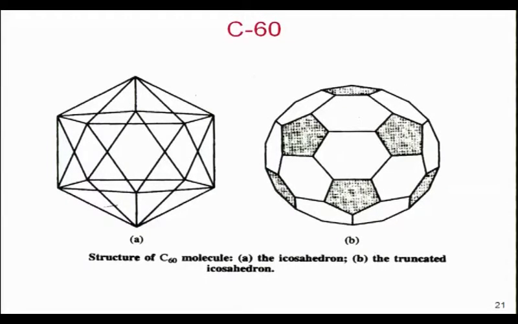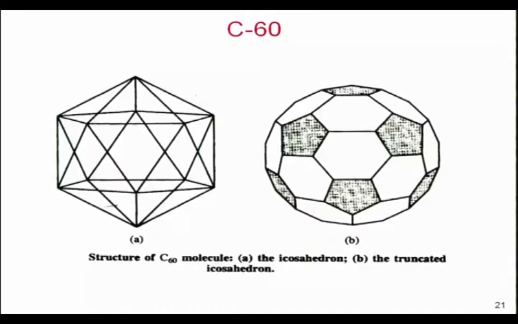If you only had pentagons, it will not make a structure, but if you put pentagons separated by hexagons, then it can make a ball kind of structure. So, this is the C60 molecule which is called fullerene, and this is again a covalently bonded material. You can see that each atom has three neighbors here, sp2 hybridized structure.